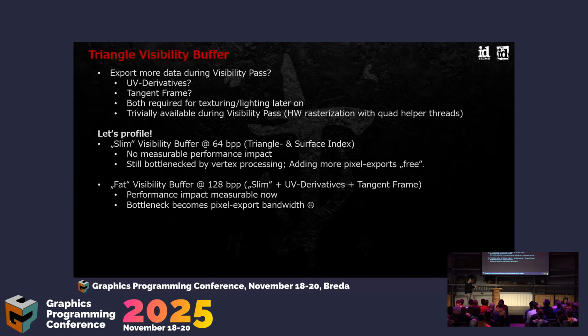However, when using a fat visibility buffer, at double the size, where we added the additional data, the performance impact became measurable as the bottleneck moved to pixel export bandwidth. For us, it was crucial to stay as fast as we can during the depth prepass, since a lot of the following async compute passes depended on that. That's why we chose the slim visibility buffer variant and decided to interpolate the attributes manually later on.